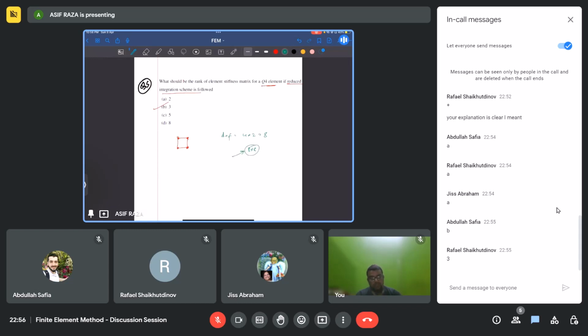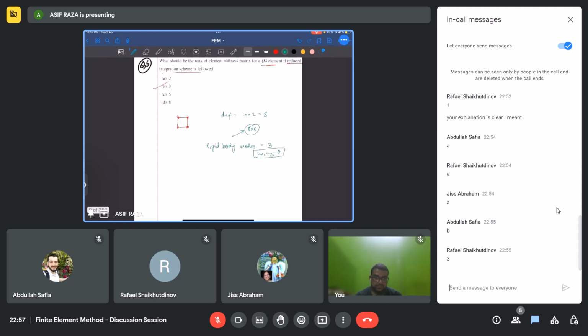To find the rank of this element stiffness matrix, we need to remove first the rigid body modes, and rigid body modes in this case would be equal to 3: ux, uy and theta, right?